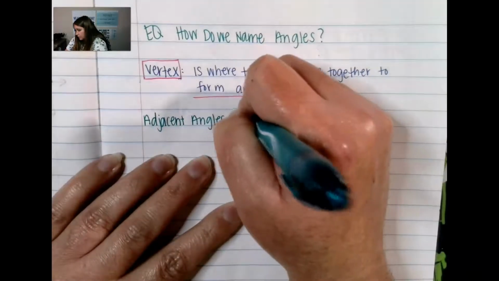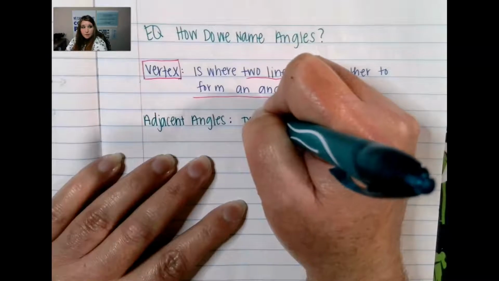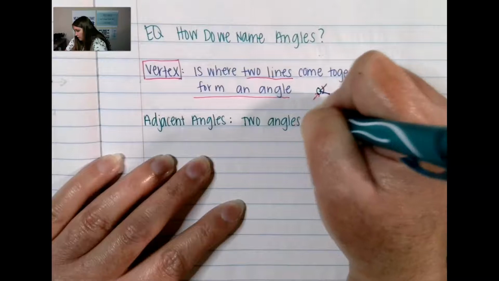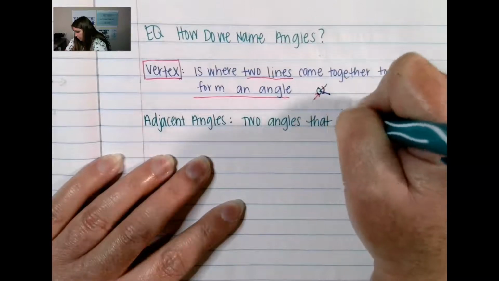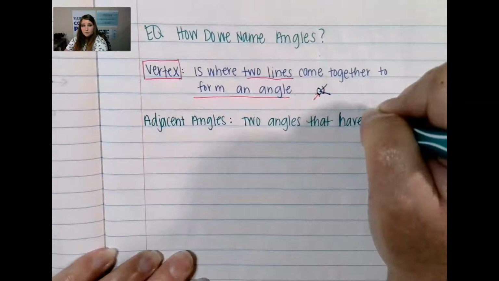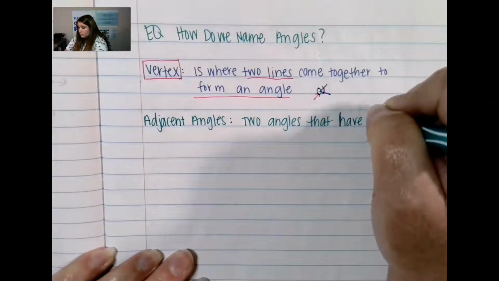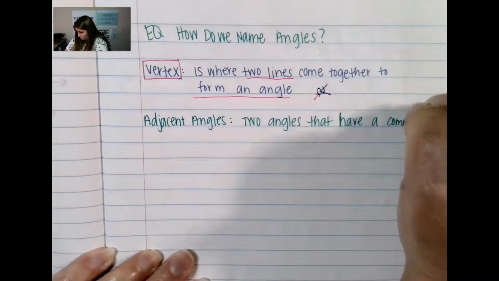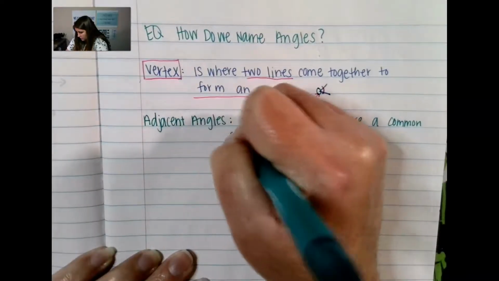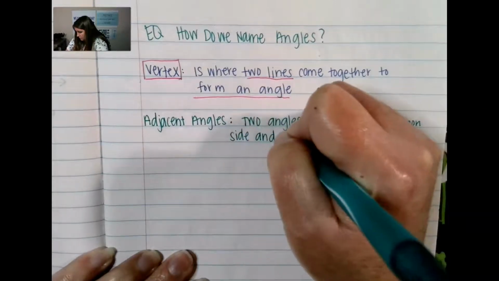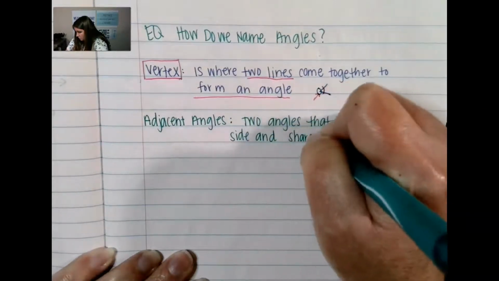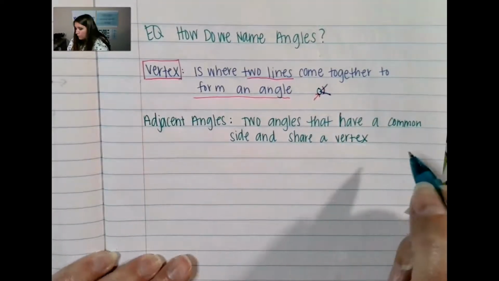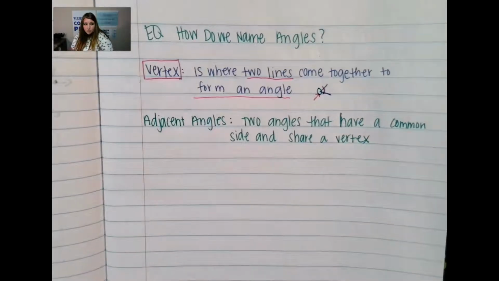So adjacent angles are two angles that have a common side and share a vertex. For example, we could do an example here.